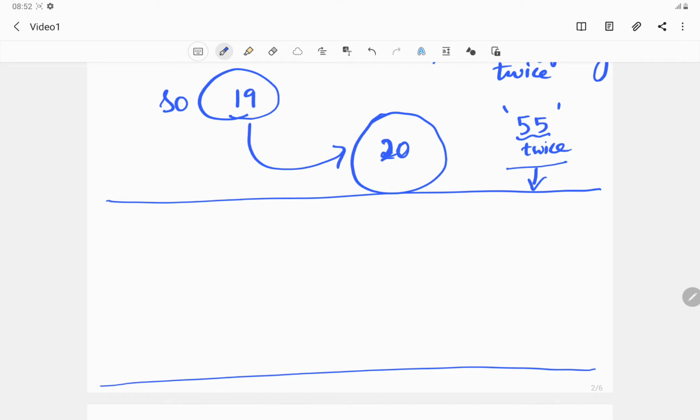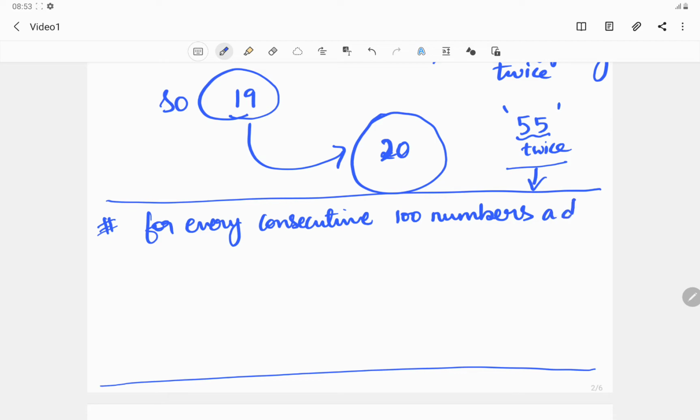The thing is, for every consecutive hundred numbers, a digit will appear 20 times, in 19 numbers.